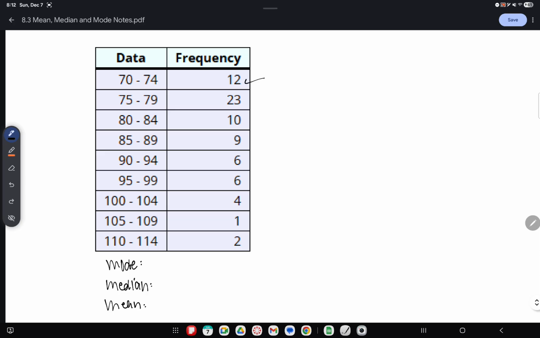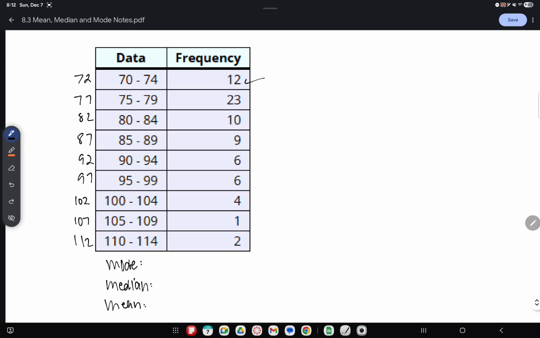We don't know if there's 5 70s, don't know if there's a mix. And so what we do here is we just take the middle number of all these bins. So this is going to be 72. And this will be 77, 82, 87, 92, 97, 102, 107, and then 112.